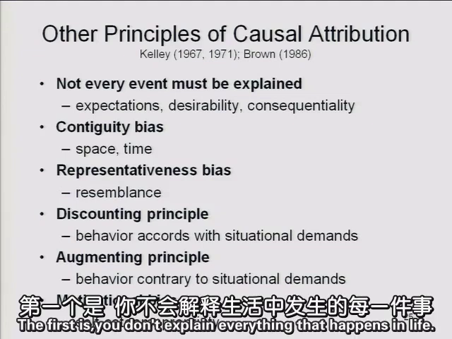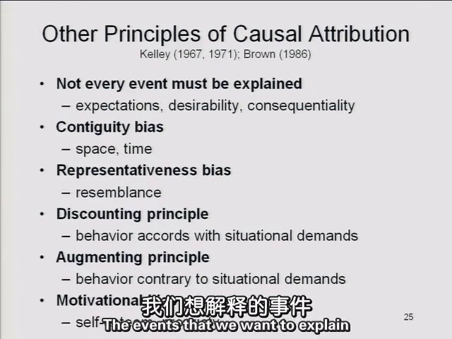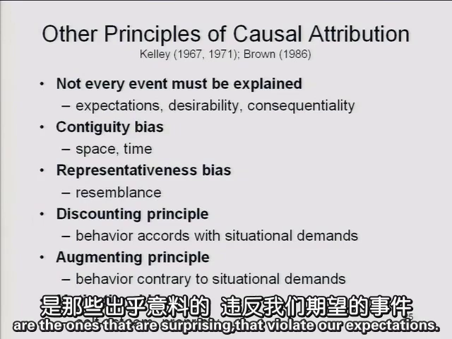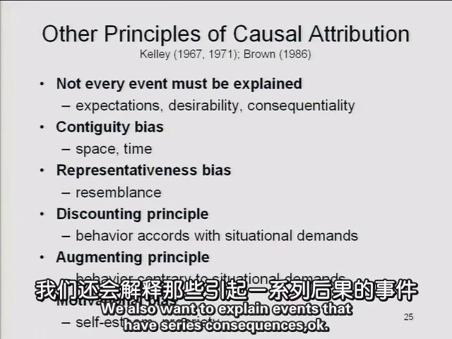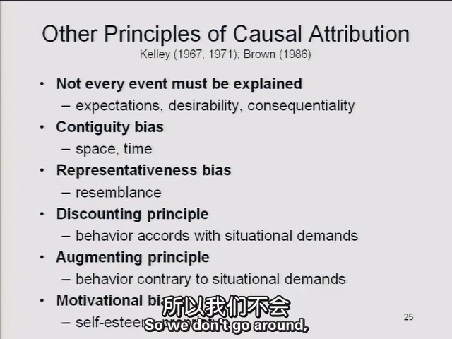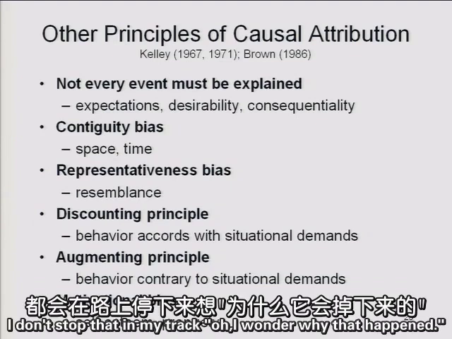The first is you don't explain everything that happens in life. The events that we want to explain are the ones that are surprising, that violate our expectations. We also want to explain events that have serious consequences. Every time I see a leaf flutter off the tree, I don't stop dead in my tracks and say, oh, I wonder why that happened.